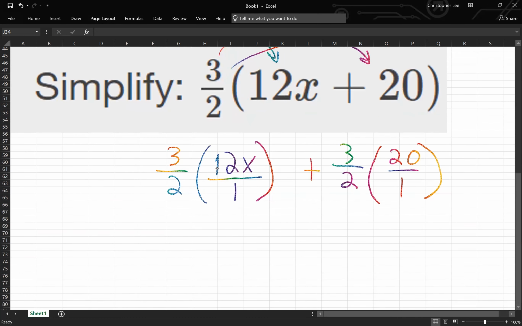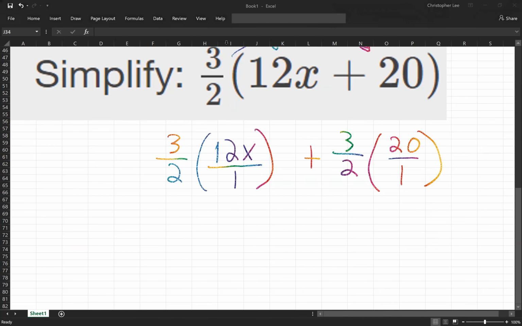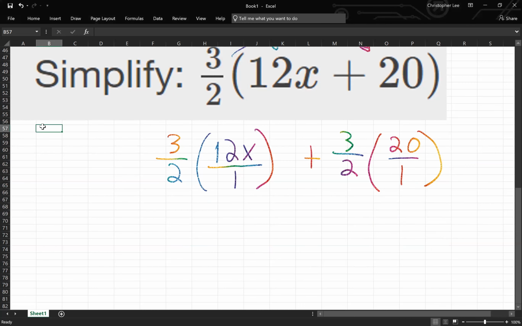So 3 times 12x will give me 36x over 2 times 1, which is 2, plus 3 times 20, which is 60 over 2.